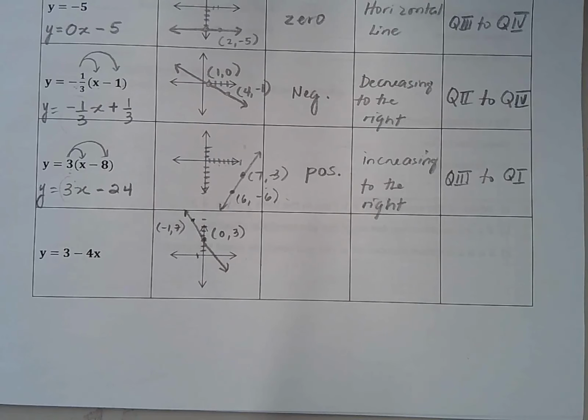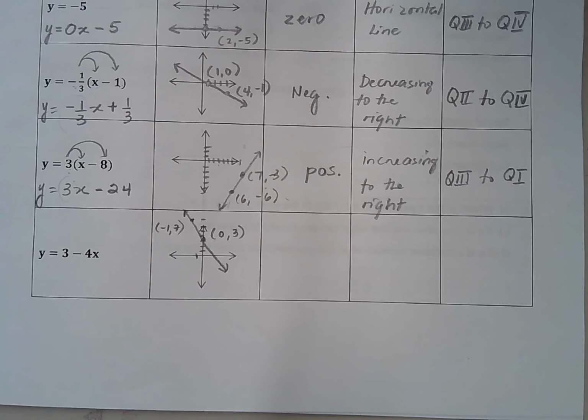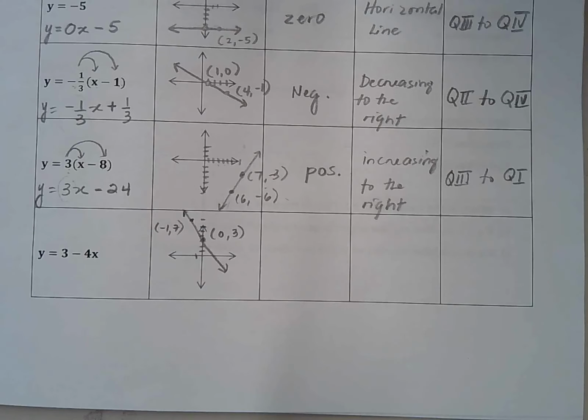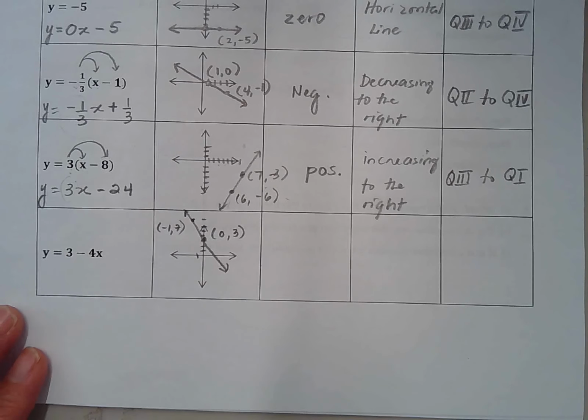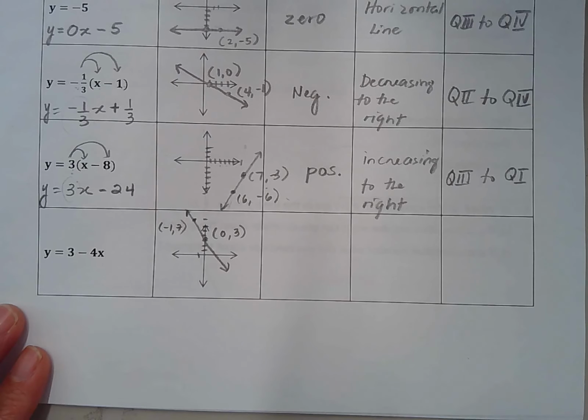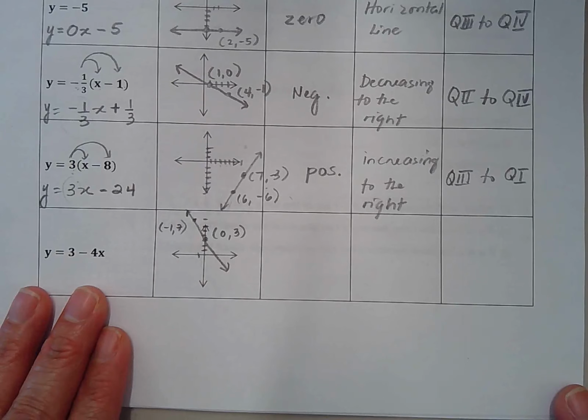Now you're probably thinking, why is this going down? Do you know why it's going down? Yeah. The slope is negative. What is the slope of this line? The slope is negative.